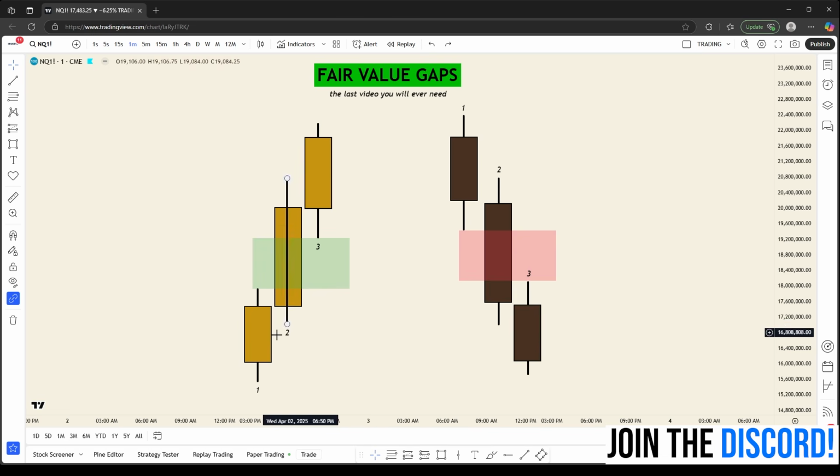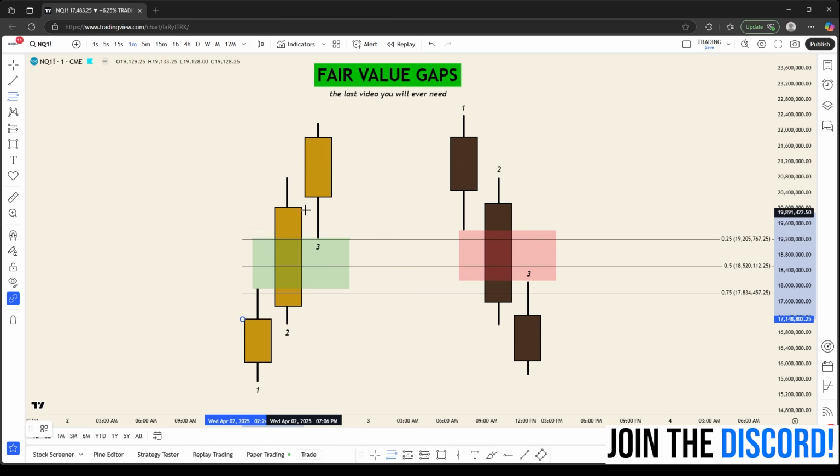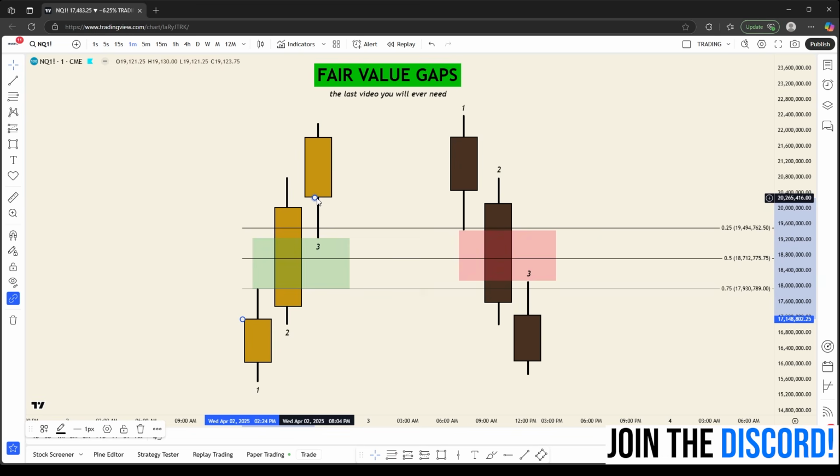Now, one thing here is if you have this tiny gap here or this tiny gap here, let's just make this example a little bit different. You're going to mark your fair value gap different. So if between the first and the second candle, you have this, which is referred to as a volume imbalance, which we will talk about also in this series, or you have a volume imbalance here, what you're going to do is you're going to bring your Fibonacci tool and pretend like you mark the fair value gap from the volume imbalances.